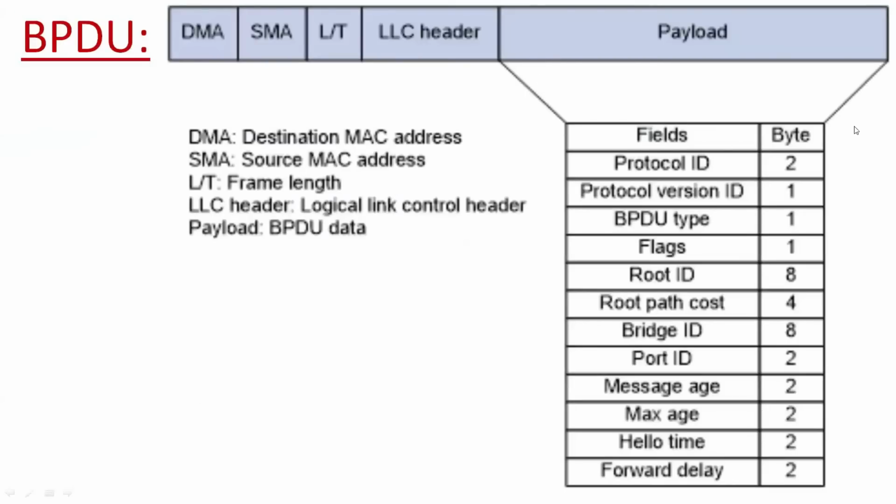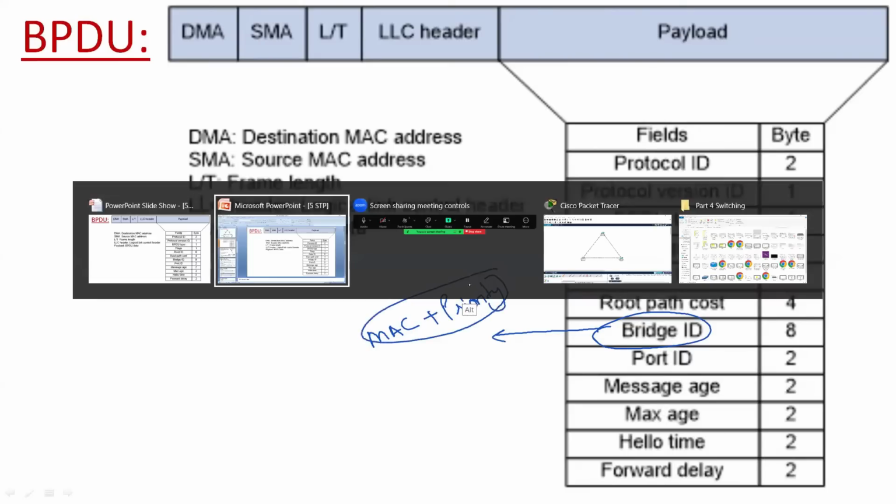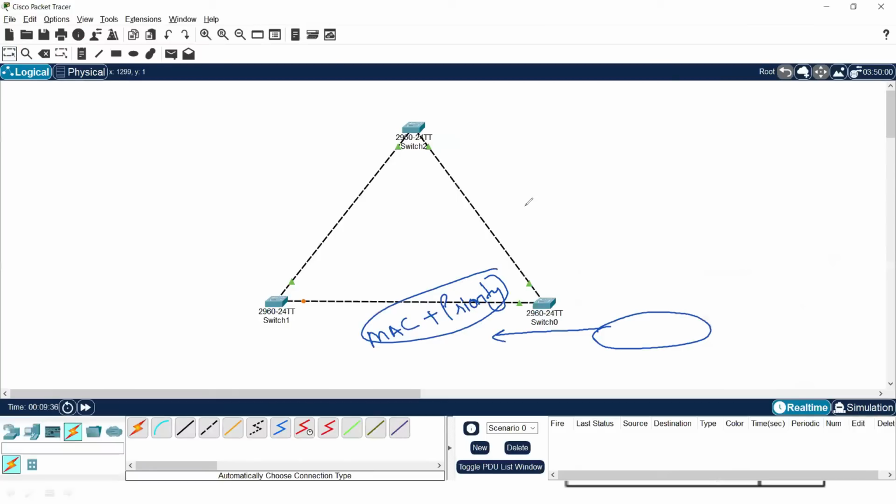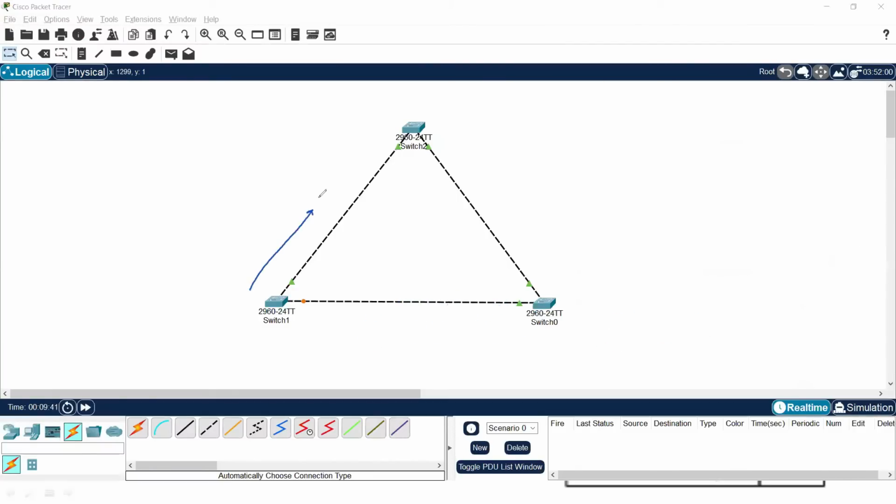In the BPDU format, the switches forward the bridge ID, and the bridge ID includes the MAC address plus the priority number. On the basis of the MAC address and priority number exchanged between the switches, the election of the root bridge will be done.